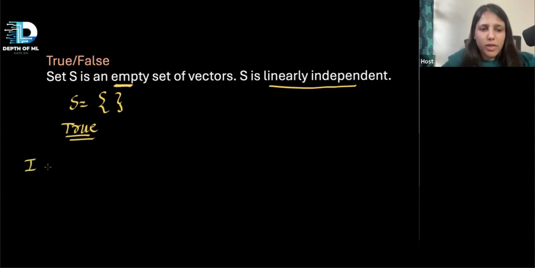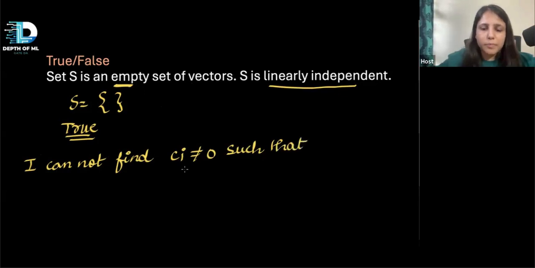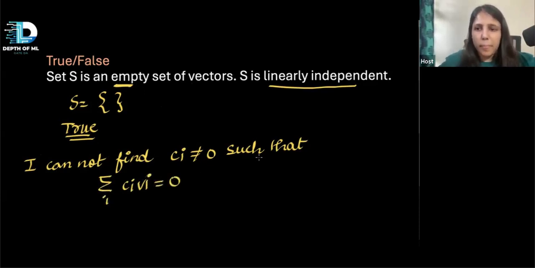So I cannot find a Ci not equal to 0 such that the sum over Ci Vi is equal to the 0 vector. Yes, because I cannot have a non-zero Ci. That's why this is a linearly independent set.